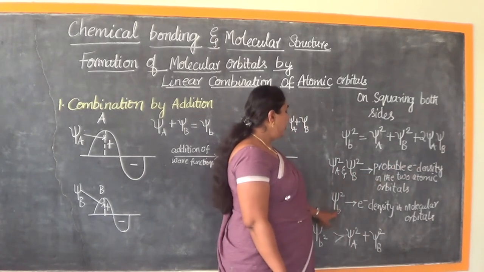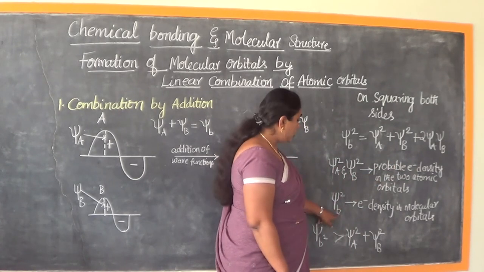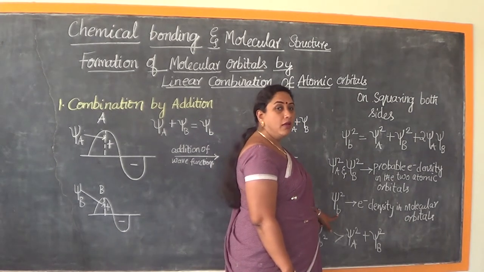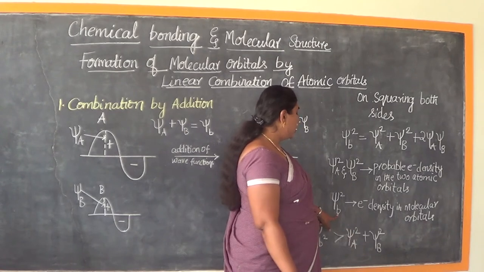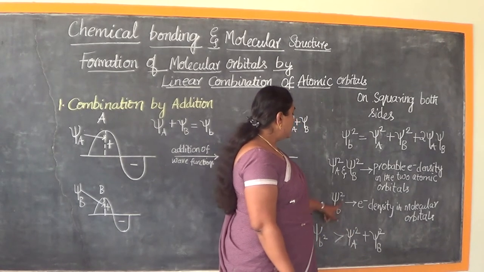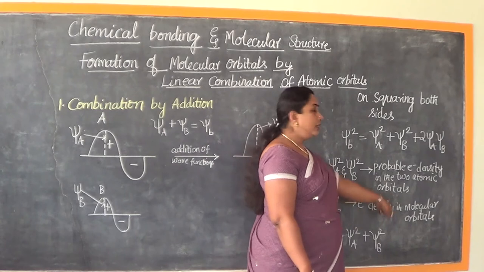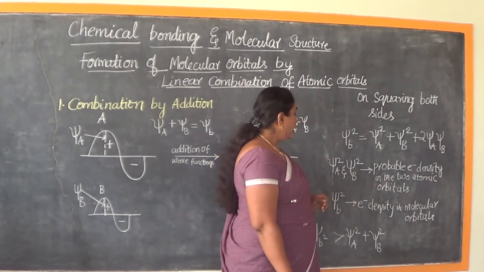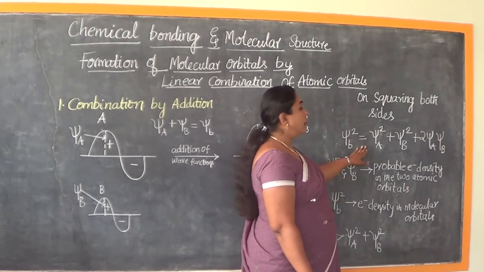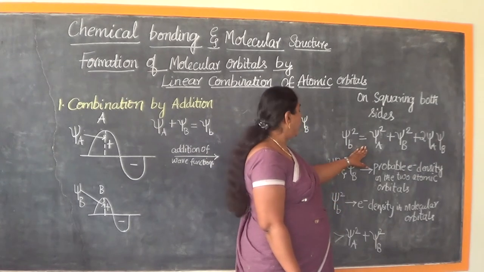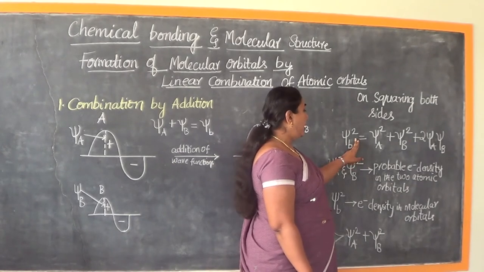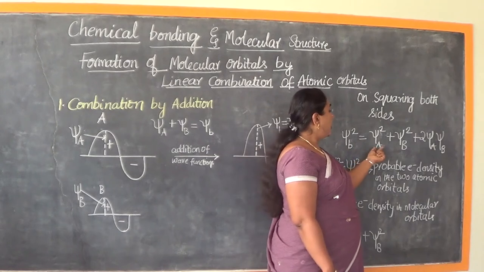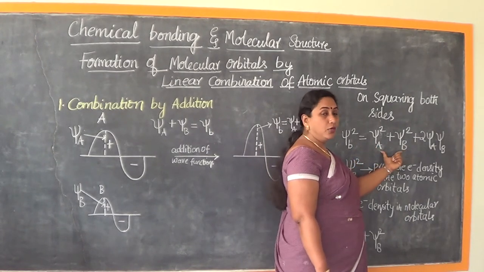Then what is this psi b squared? Small b indicates molecular orbital, bonding molecular orbital to be more specific. So psi b squared indicates the electron density in the molecular orbital. Now, as a result of this equation, what is psi b squared equal to? Psi A squared plus psi B squared, but it is not just equal to this.